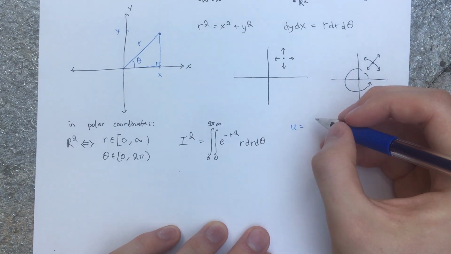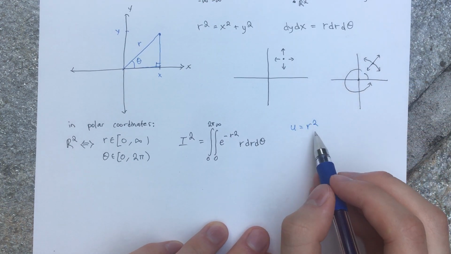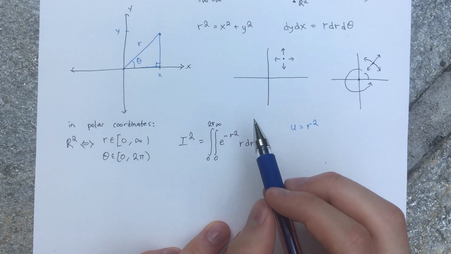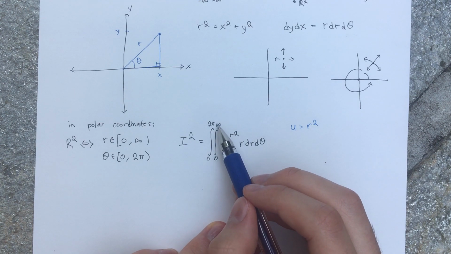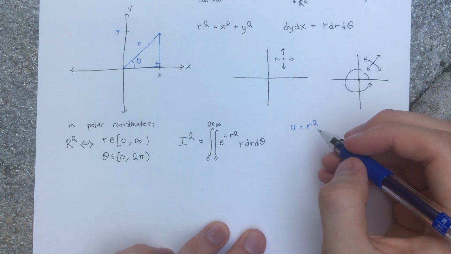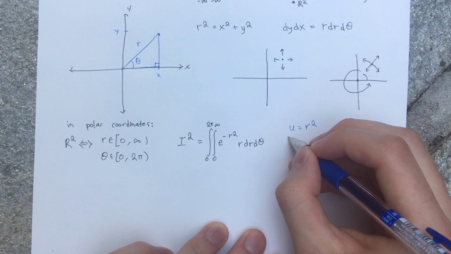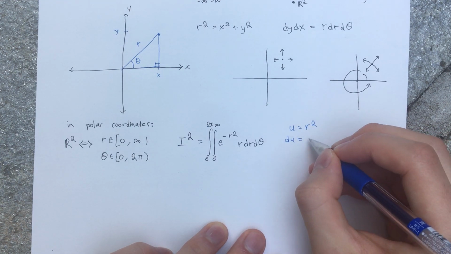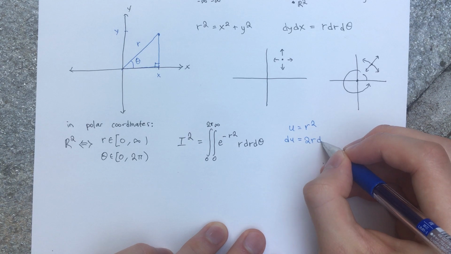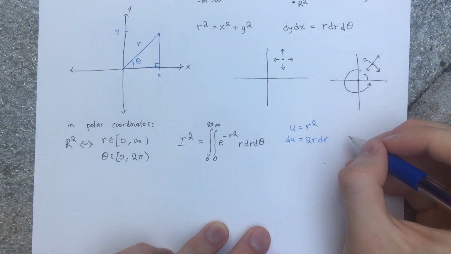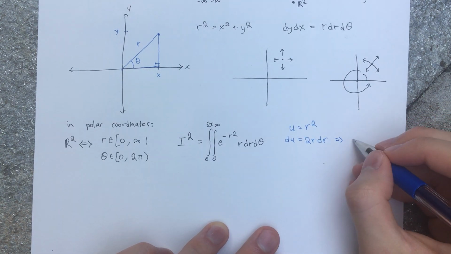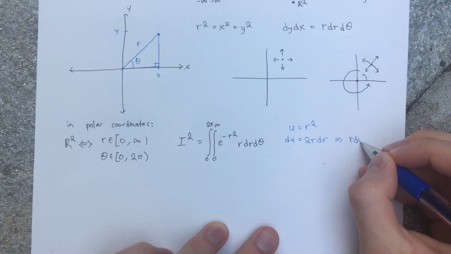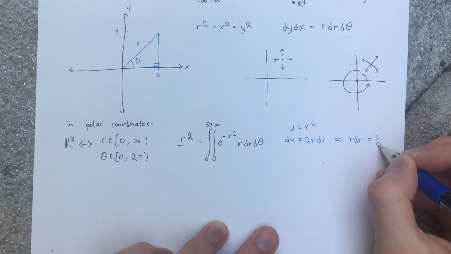U equals r squared. I'll keep it r squared here, so we don't have to bother with changing this infinity to a negative infinity. Then we have du equals 2r dr. And from that we can see that r dr equals 1/2 du.